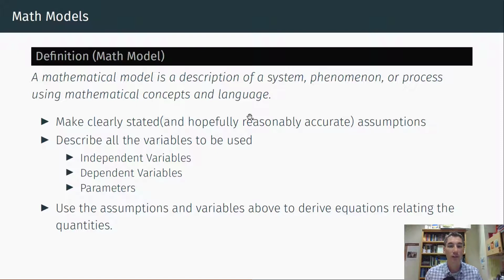You can normally think of gravity as constant, but in some sense it is a parameter. And then the last thing is use these assumptions and all these variables, package them together, and then derive equations that relate the quantities, that tell you how one quantity is connected to another quantity. And of course, in this class, we're going to be using differential equations to connect those quantities. So that's what a math model is.